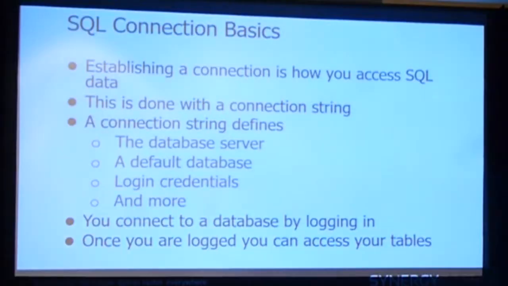When you connect to SQL, you're establishing a connection. This is done by creating a connection string that contains the name of the database server, a default database, which is the database you'll be working with mostly within that server, any kind of login credentials, and more things, because different kinds of SQL servers provide different kinds of special information. That's referred to as a connection string.